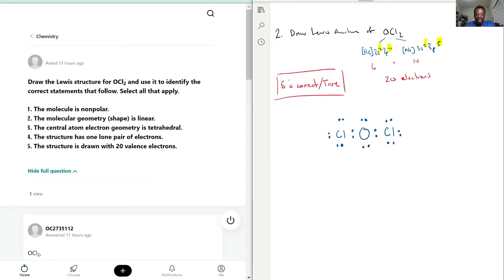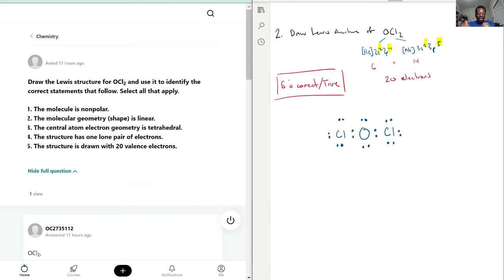So now that we have that, let's figure out what we're working with in terms of its polarity. In order to answer that question, we actually need to find its electron geometry. So that would be 3. But before I even go there, I noticed what question 4 was asking. Question 4 is asking whether the structure has one lone pair.